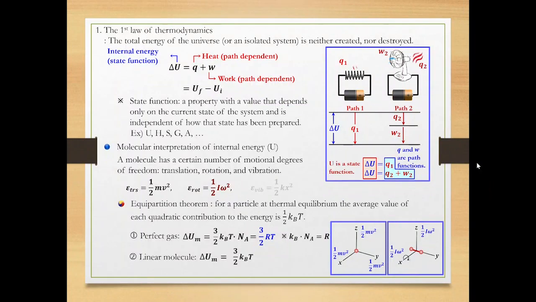Consequently, the sum of rotational energy of a linear molecule is 2/2 I omega squared, which can be converted to 2/2 kBT. You should multiply this by Avogadro's number to get the molar internal energy of the linear molecule, which can be simplified to 5/2 RT. Now, you can easily find the molar internal energy of a nonlinear molecule. What is it? It is 6/2 RT or 3 RT.